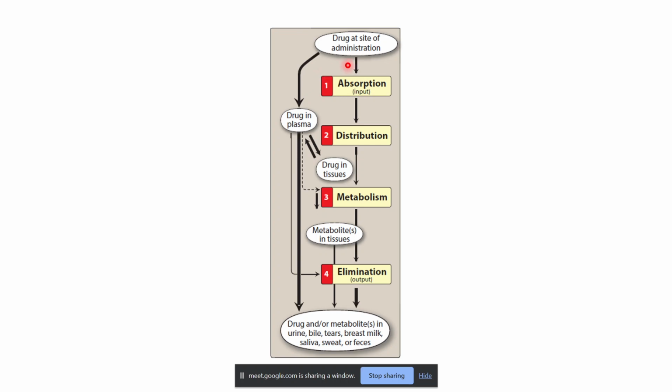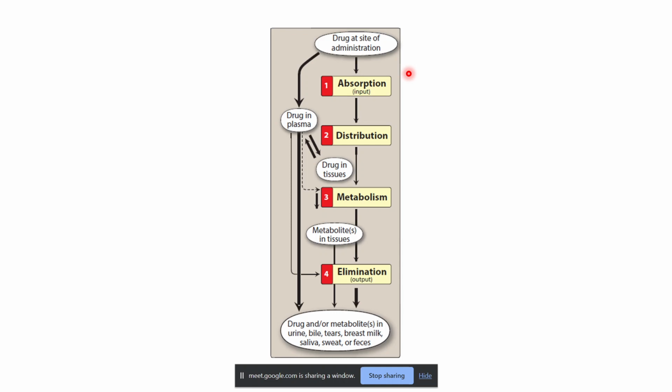Absorption starts after the administration of the drug, and depending on the way of administration, absorption can decrease the amount of the drug initially, which leads to a decrease in the drug plasma concentration.